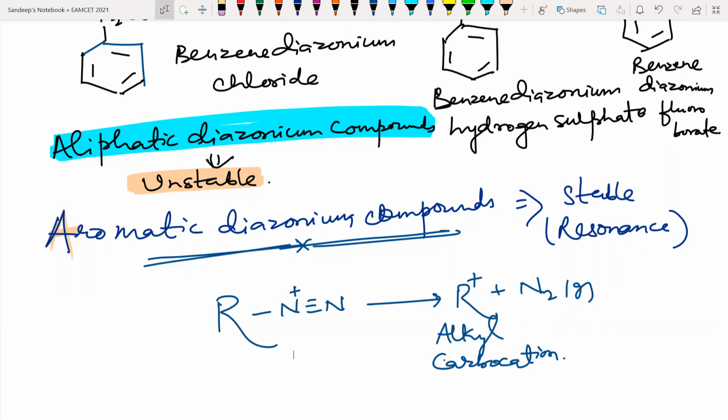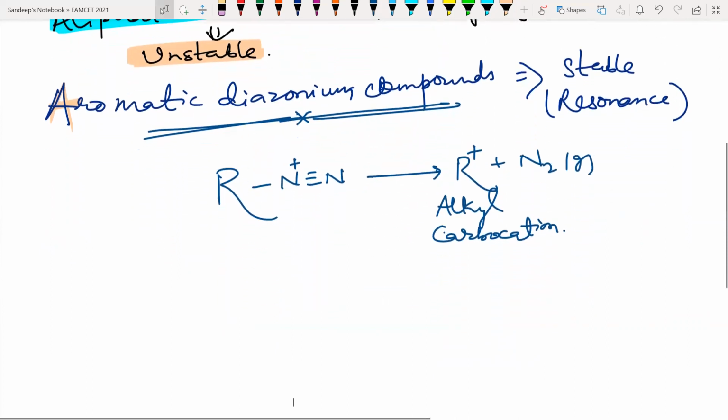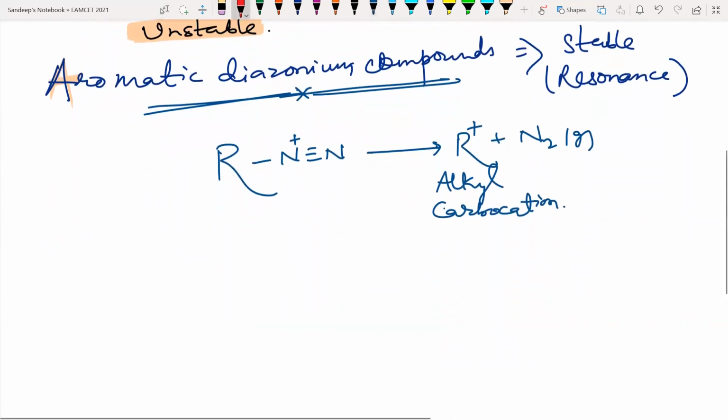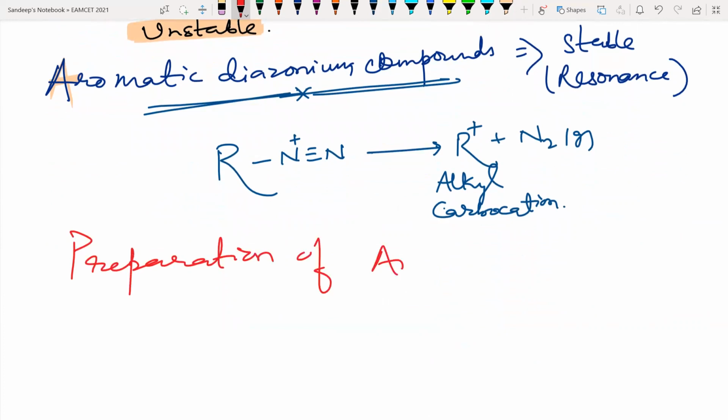Now let's see how we will prepare aromatic diazonium compound. So preparation of arene diazonium chloride.